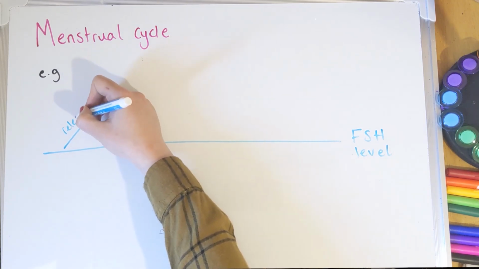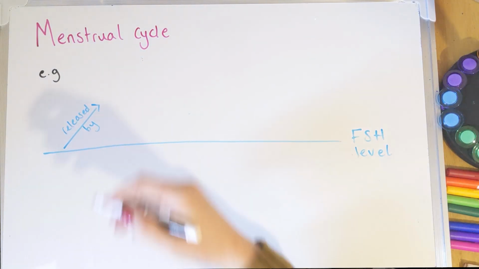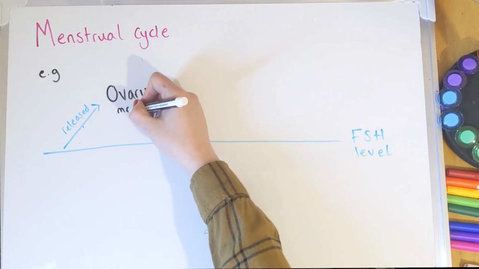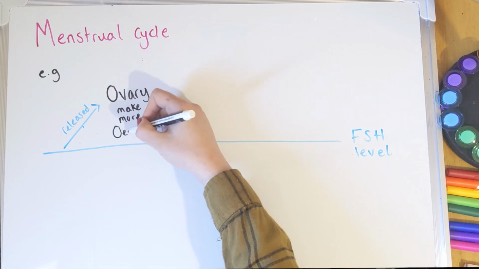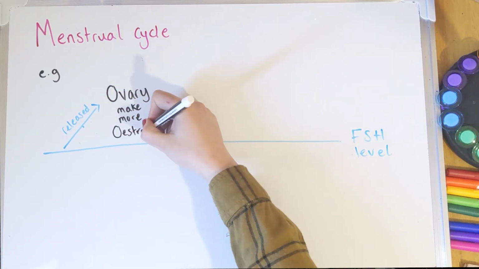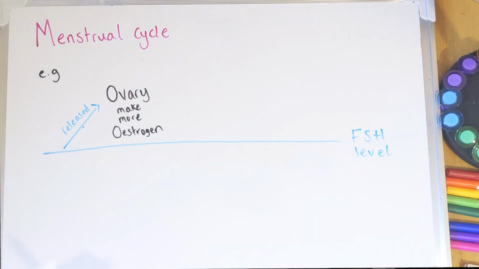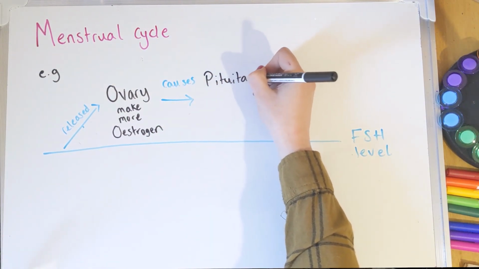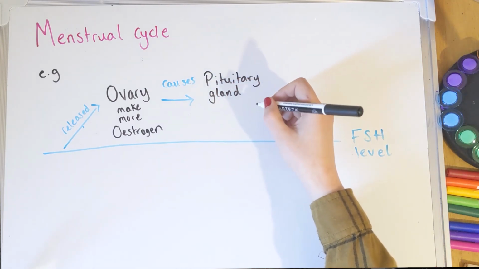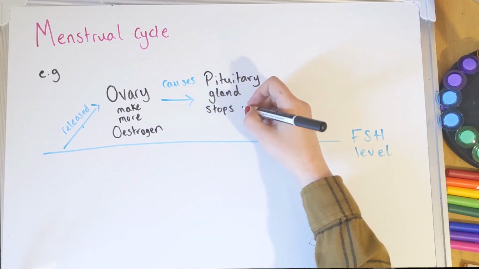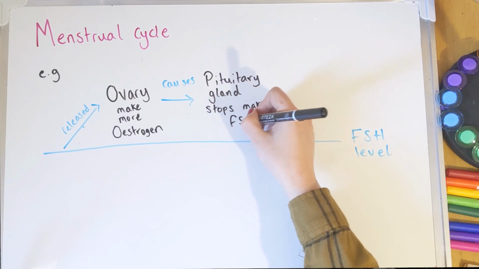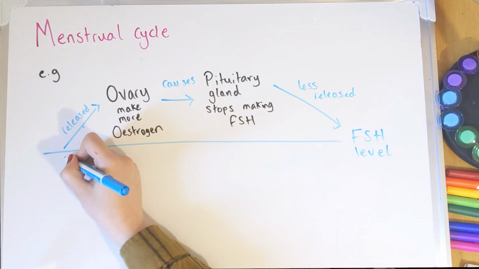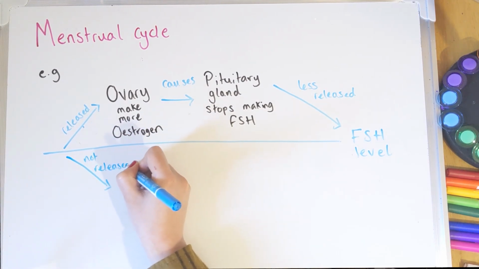That's then going to cause the pituitary gland, which will detect those increases in estrogen levels, to stop making FSH, and then that will mean less is released from the pituitary gland and the level is going to go down. And if you're going from the other side, if it's not released, the ovary is not going to be stimulated, so the ovary is going to produce less estrogen. When the FSH isn't released by the pituitary gland, this is going to stop the ovary being stimulated to make estrogen.